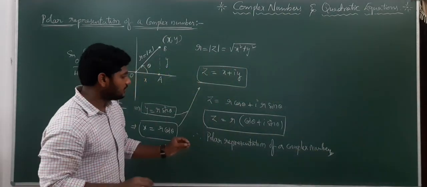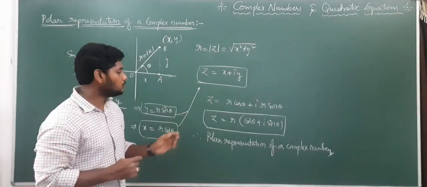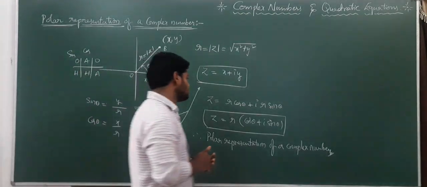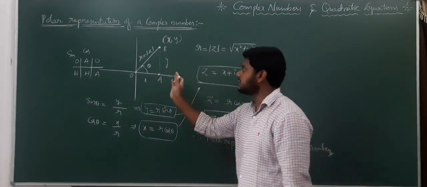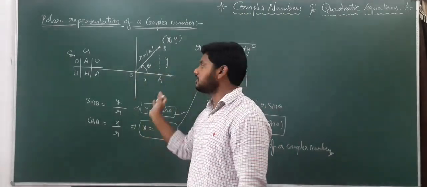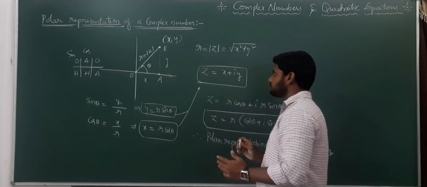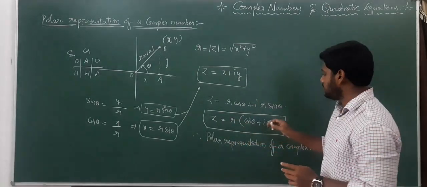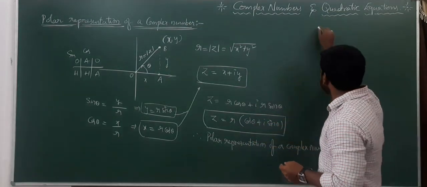But if you observe, we have some minimum conditions to write z is equal to r of cos theta plus i sin theta. Theta is nothing but an angle. Which angle? Positive angle or negative angle? Positive angle. And theta should have a condition, that is, a range.